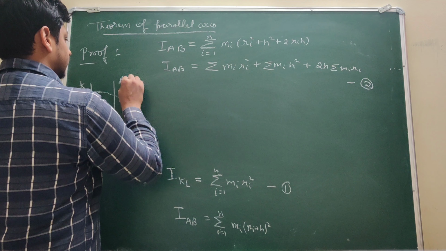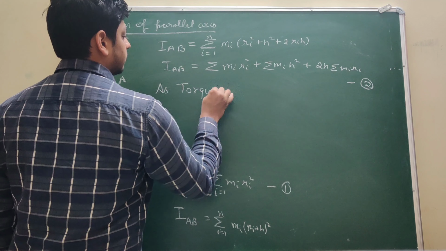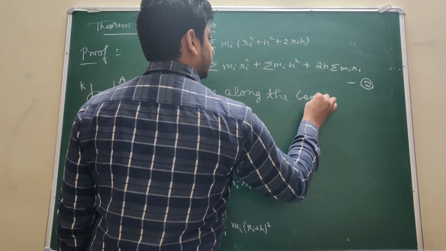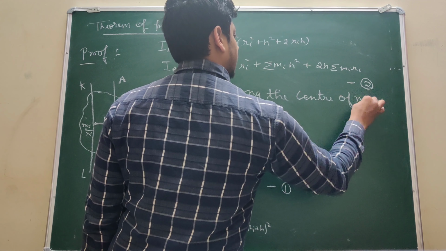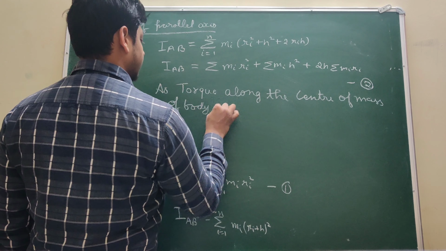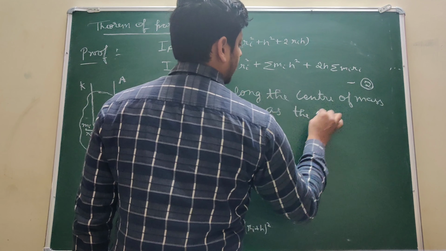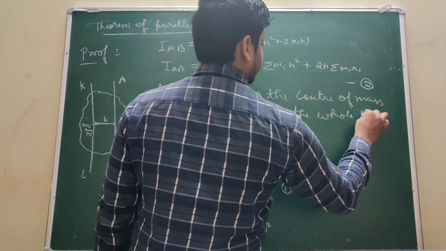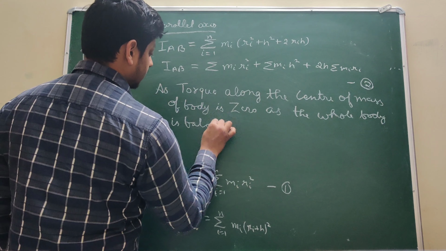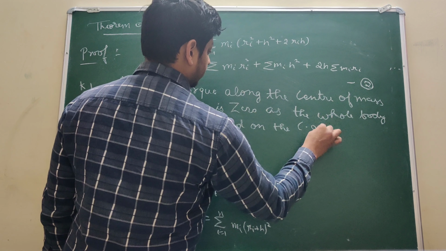So I can write that the torque about the center of mass of the body is 0, as the whole body is balanced on the center of mass.